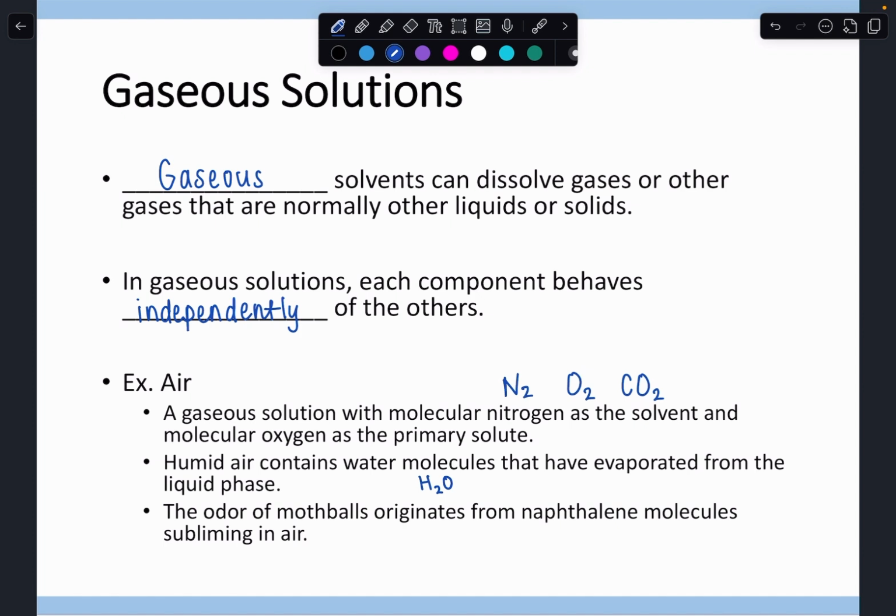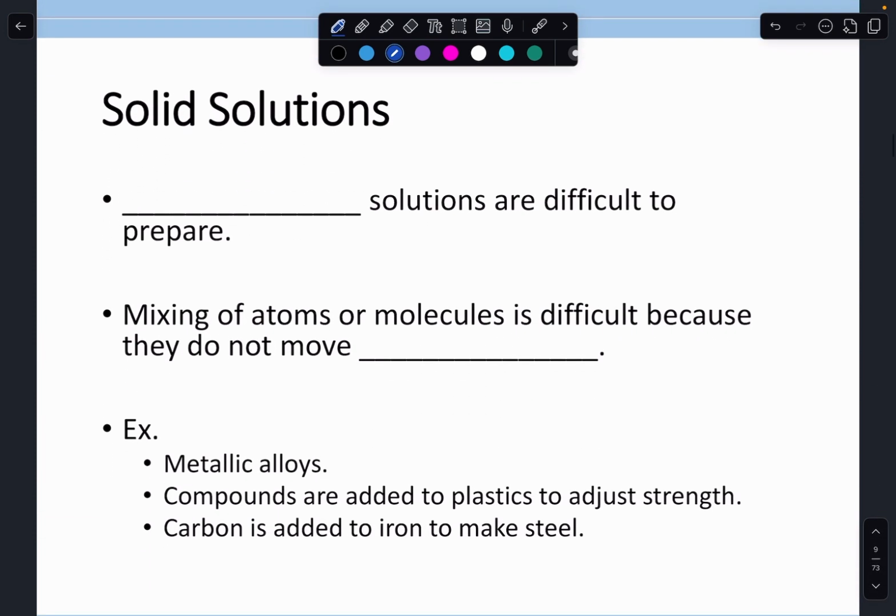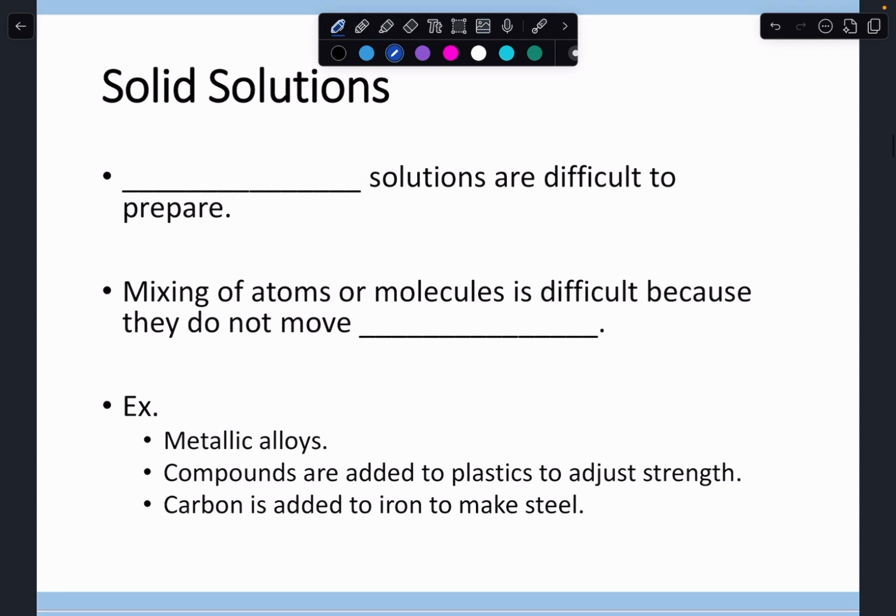Next, we've got solid solutions, and then we'll dive deeper into solutions. So solid solutions are difficult to prepare. Mixing atoms or molecules that are solids is difficult because they do not move freely.